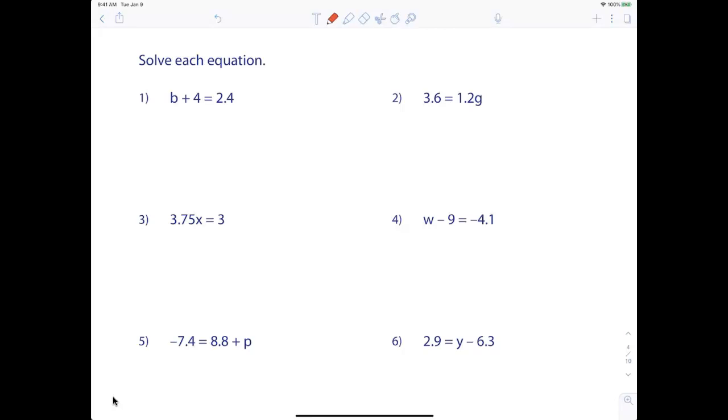The next section deals with decimals. Again, I tell everybody you should be excellent at decimals also. Solving a one-step addition, we subtract 4 from both sides. The 4's cancel out, and you're left with b equal to 2.4 minus 4.